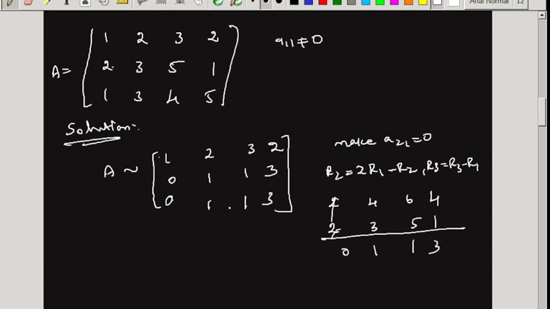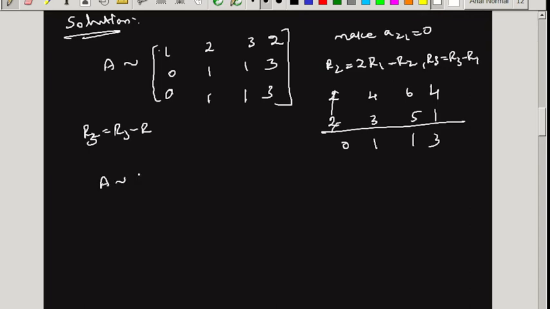So I have done directly here. Now we can see that R2 and R3 have the same values. So here we can do R3 equal to R3 minus R2.